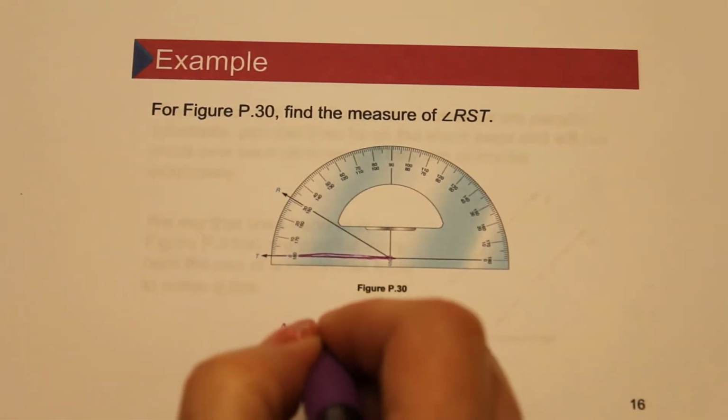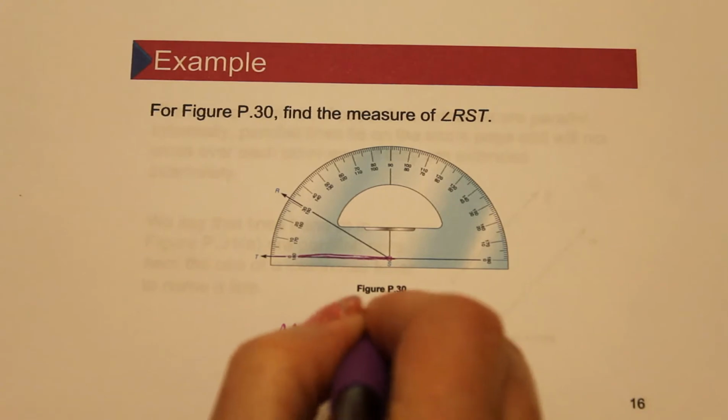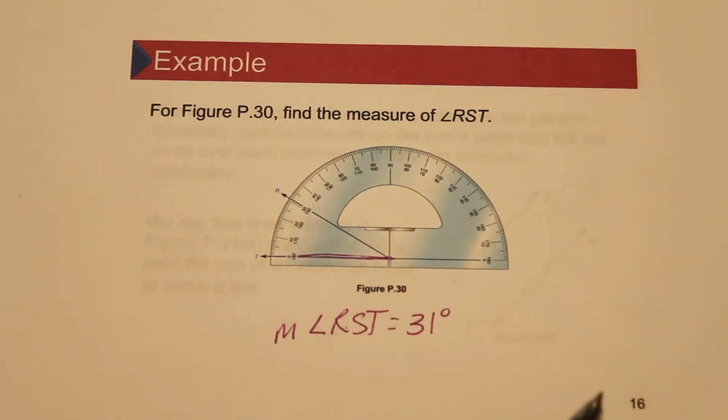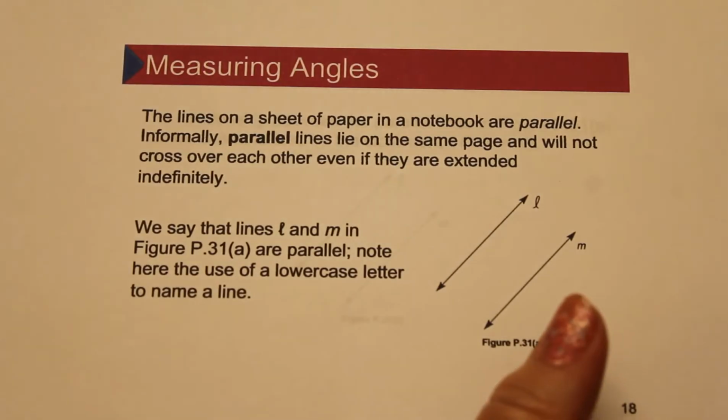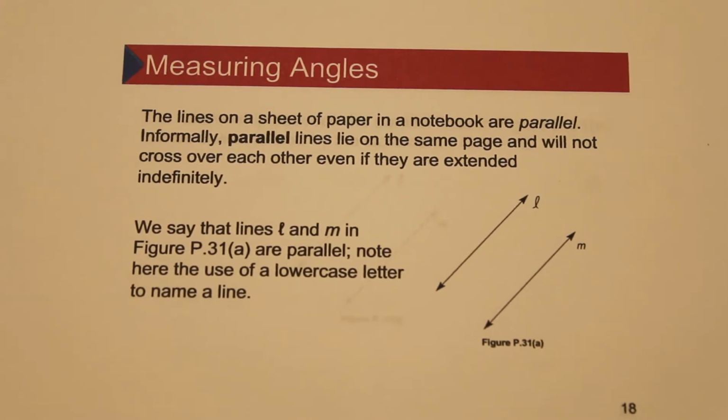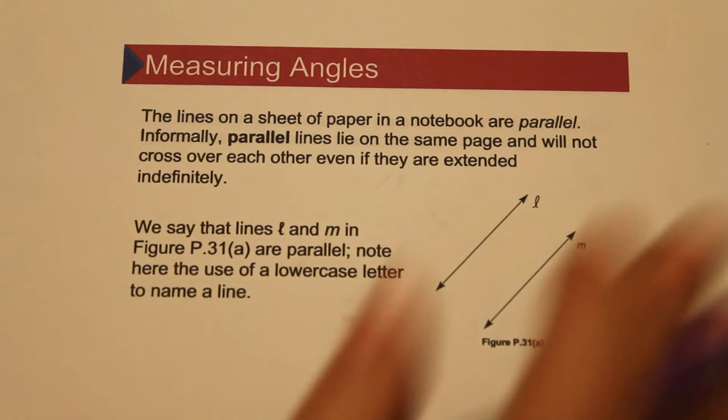Looks like the measure of angle RST would be 31 degrees. Now some protractors actually can measure more than 180 degrees. They can go a full 360 degrees as a circle.